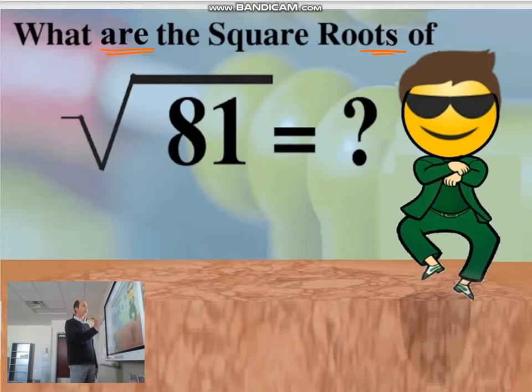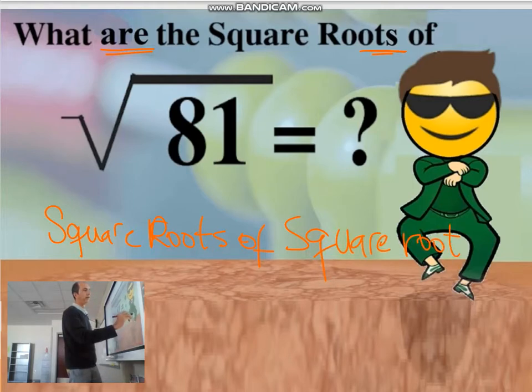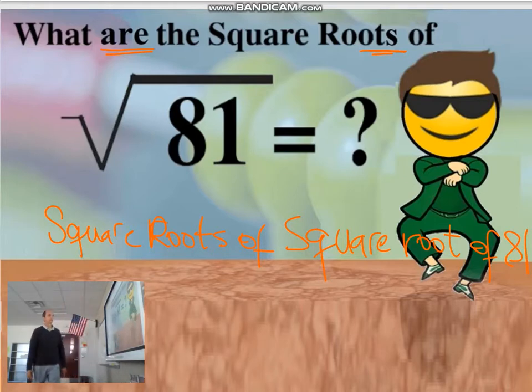Another thing you have to notice is that the question is asking, what are the square roots of the square root of 81? So actually, it's asking to apply the square root twice.